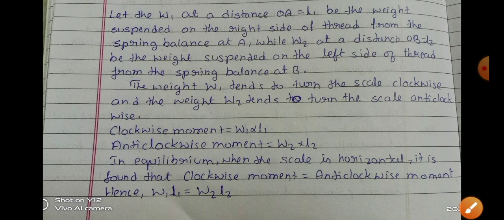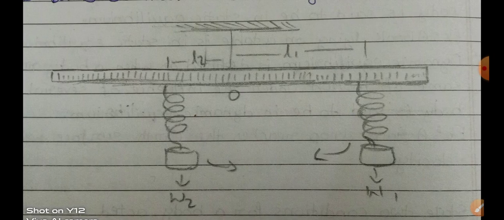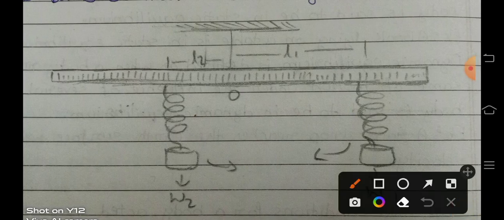The clockwise moment is W1 into L1, and the anti-clockwise moment is W2 into L2. As you know, moment is force into distance. So it is W1 into L1 for the clockwise, and for the anti-clockwise, W2 into L2.